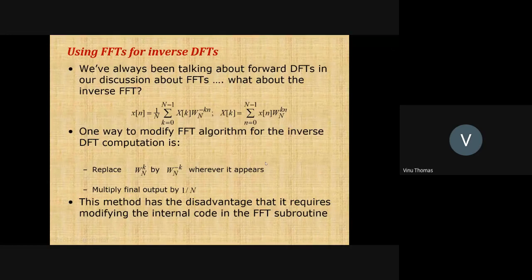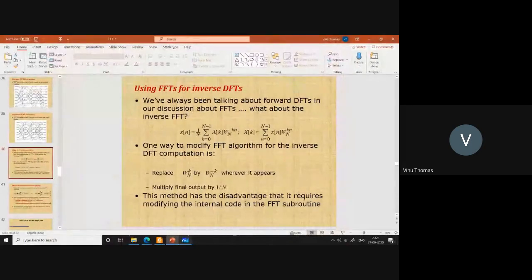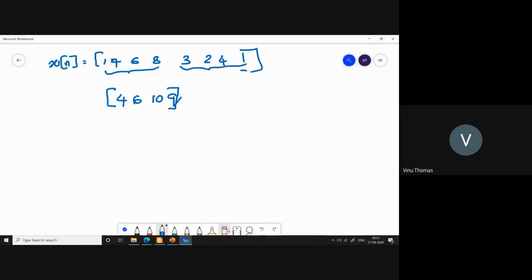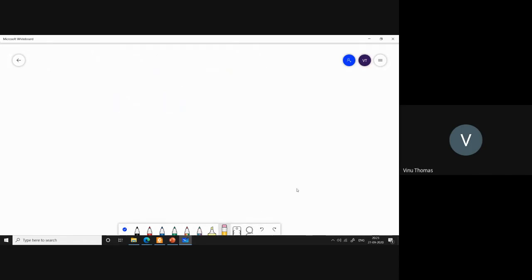So let us go back to the whiteboard. Here you have arrived at an FFT structure. I will not draw the complete structure, I will draw it as a block. So I have an FFT structure here.